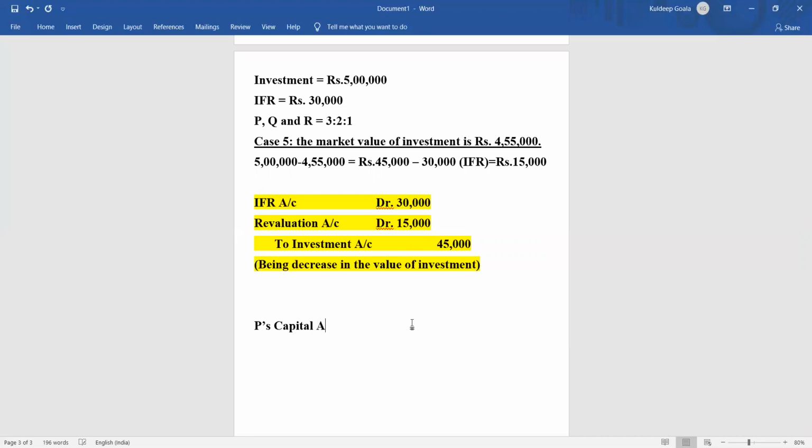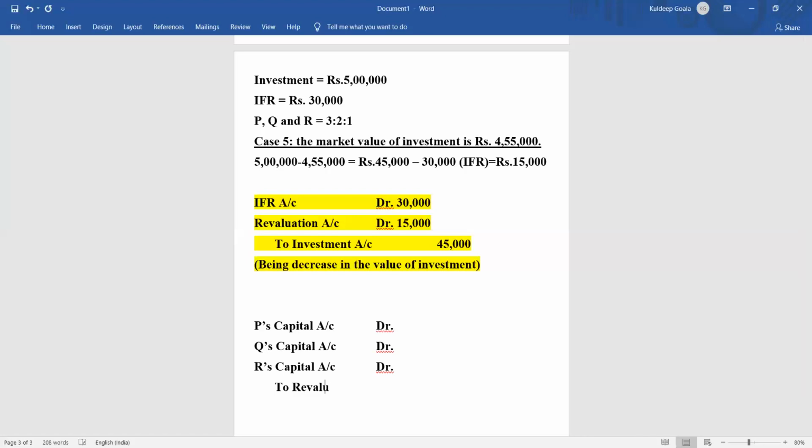So it will be P's capital account debit, Q's capital account debit, R's capital account debit, to revaluation account, the loss.